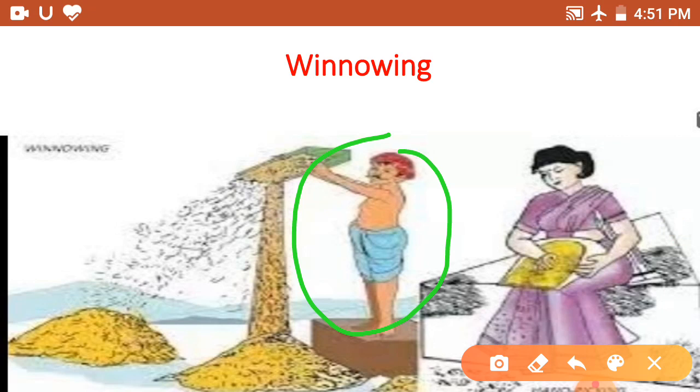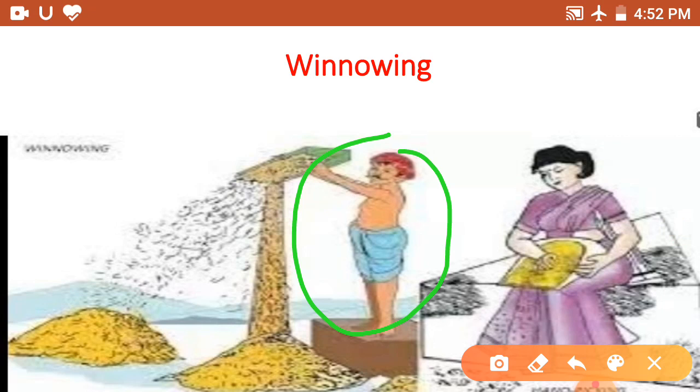What is winnowing? Even when threshing is done, husk or chaff is still attached to the grain seeds, and since the size of the two is quite similar, hand picking does not work and neither does threshing. Hence a method called winnowing can be used.